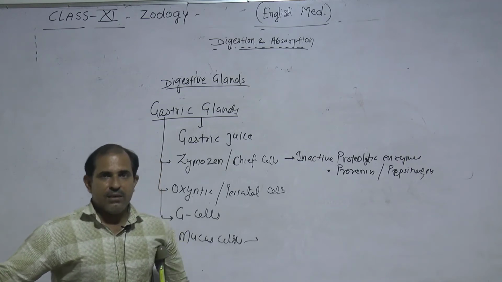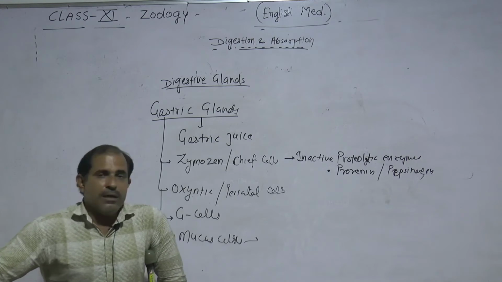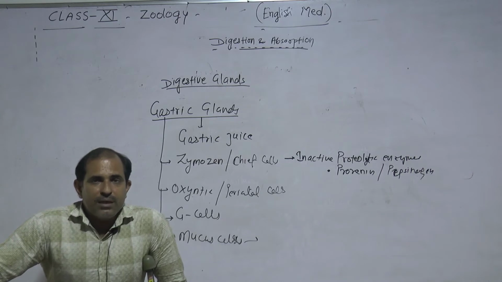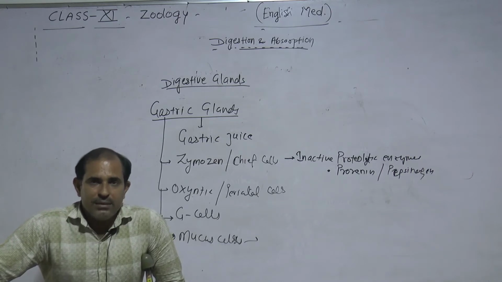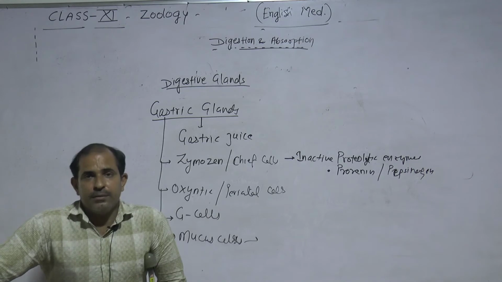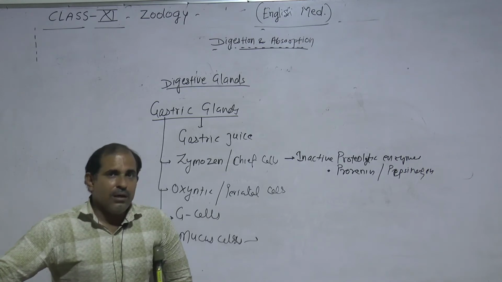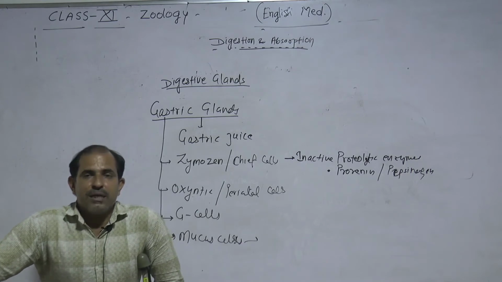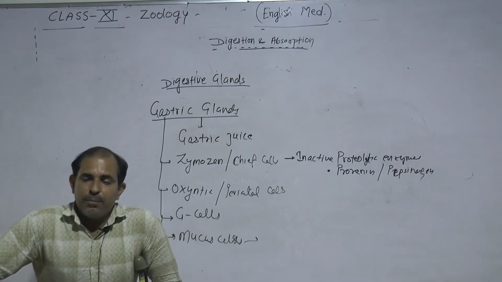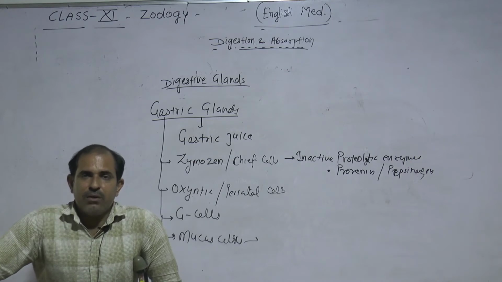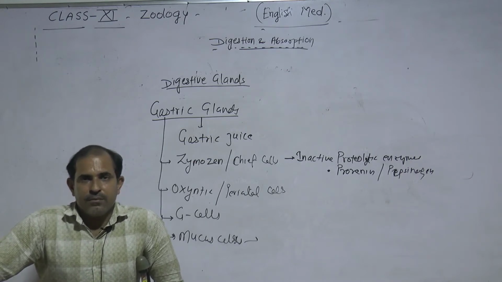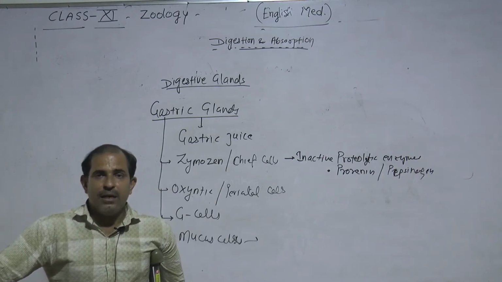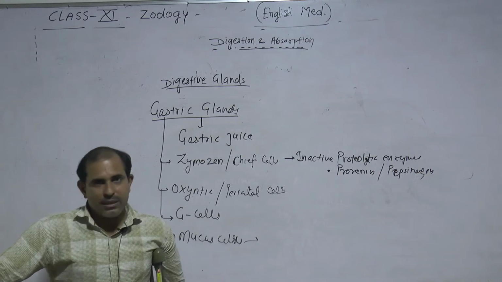Prorenin is firstly converted into the active state called renin, and then it digests milk protein casein into calcium para-caseinate, which is also called curd protein. Whereas in adults, all types of proteins are digested by pepsinogen, or rather the active state of pepsinogen. Got it? Prorenin is secreted in childhood, whereas in adulthood pepsinogen is secreted.